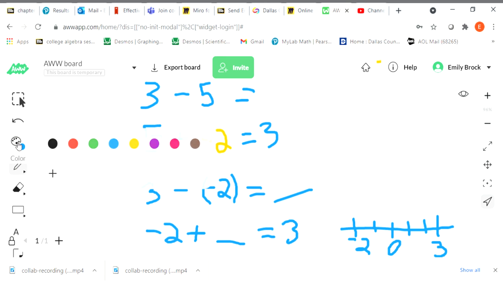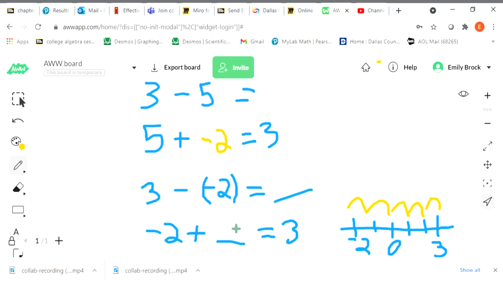Looks like it's going to be 1, 2, 3, 4, 5. So negative 2 plus 5 equals 3. 5 is what I have to add to negative 2 to get to 3. So 3 minus negative 2 is 5. Do one more.